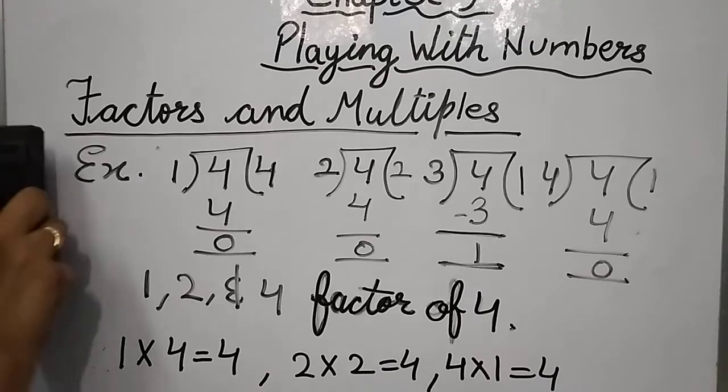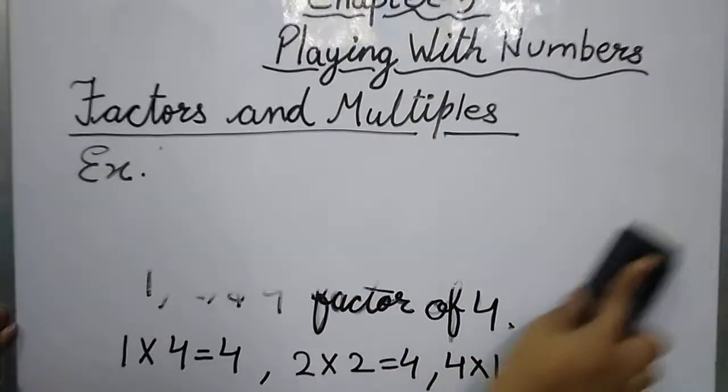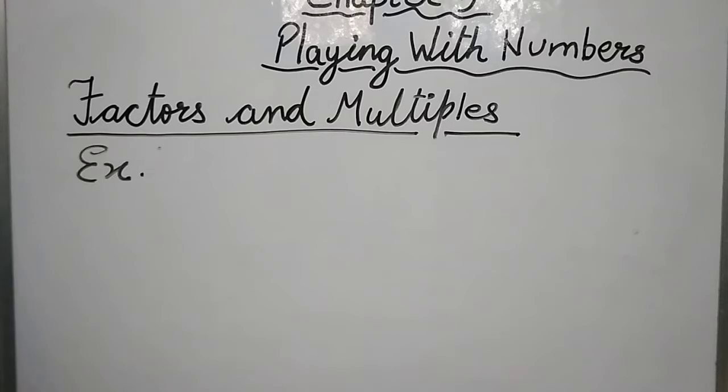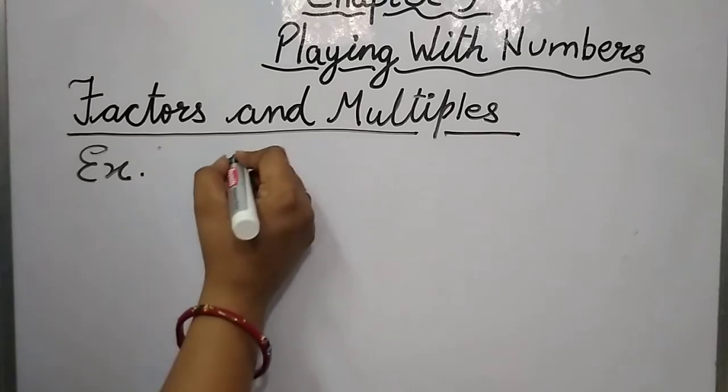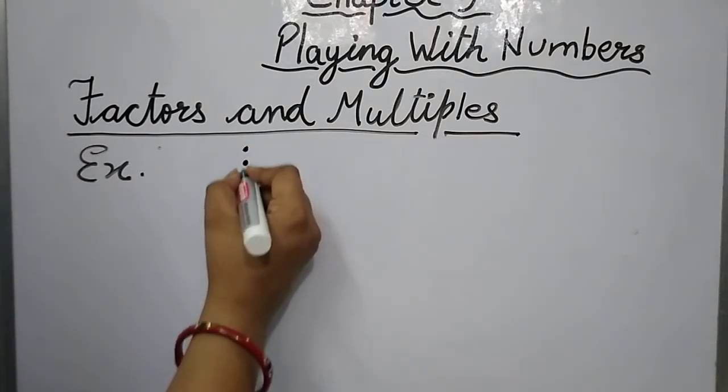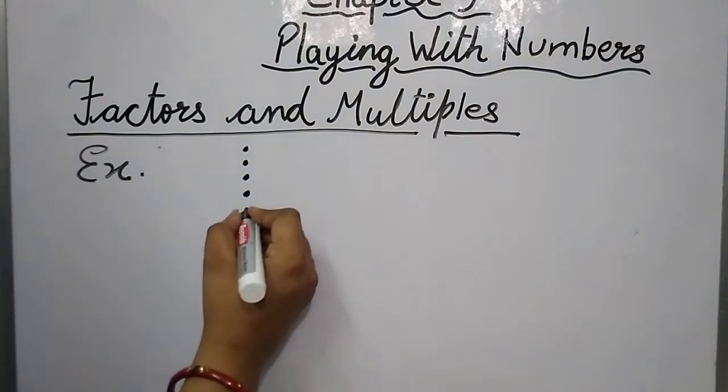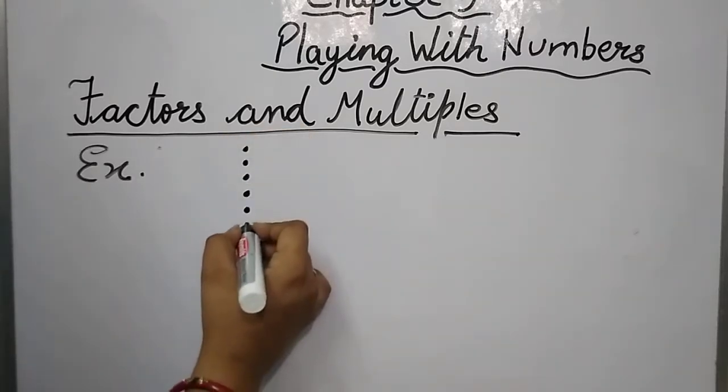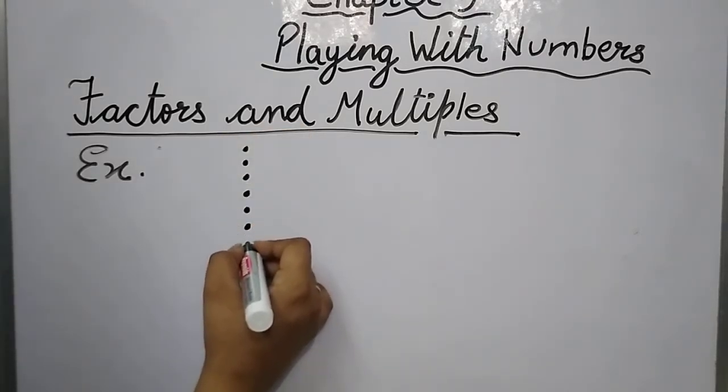In the same way, let's take one more example. If we need to arrange 18 marbles in a number of rows with an equal number of marbles in each row, we can arrange marbles in different ways. One way can be to arrange all 18 marbles with one marble in each row.